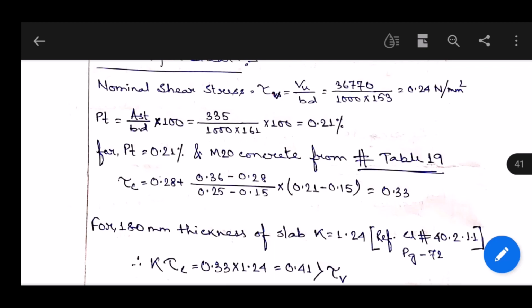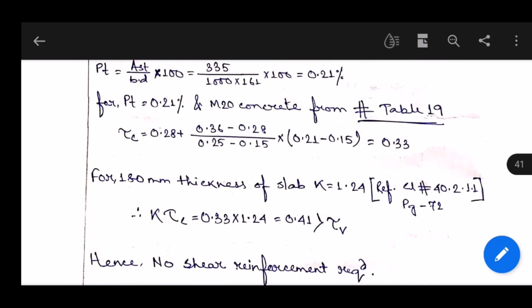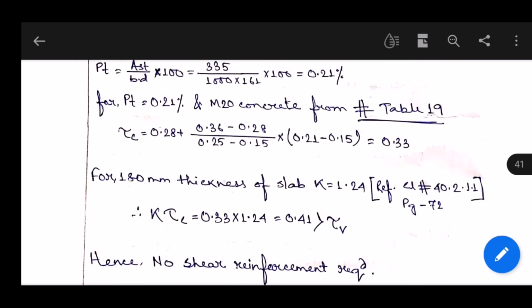The clause number is written there, you can easily find it. So the K value is 1.24. So K tau c is equal to 0.33 into 1.24, that is equal to 0.41, which is greater than tau v. That means no shear reinforcement is required because there is no excess shear. Okay.